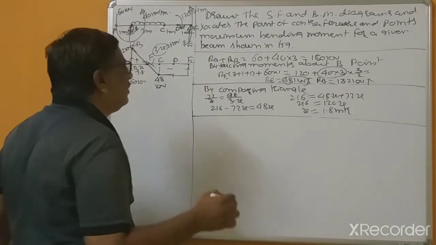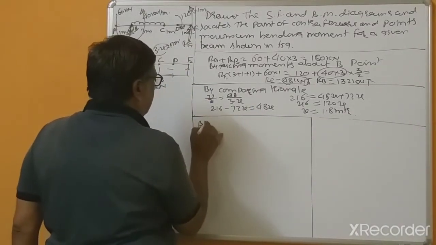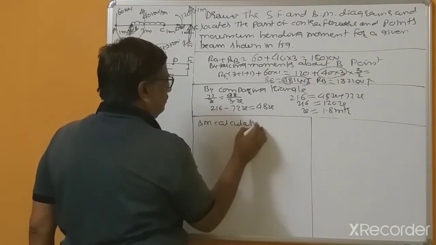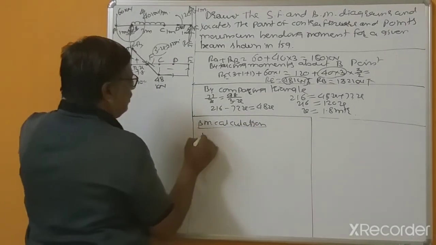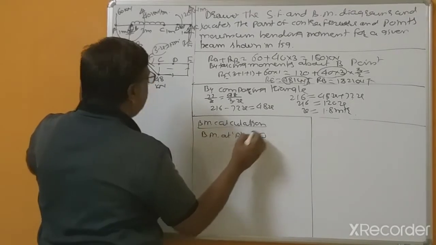Now we will calculate the maximum bending moment, the bending moment calculation. Bending moment at end points you will get 0. So bending moment at A equal to 0.